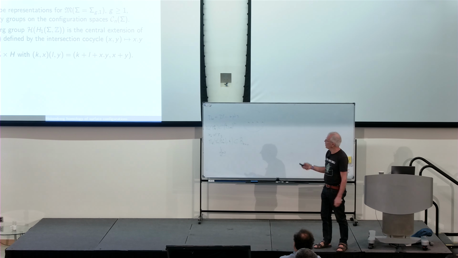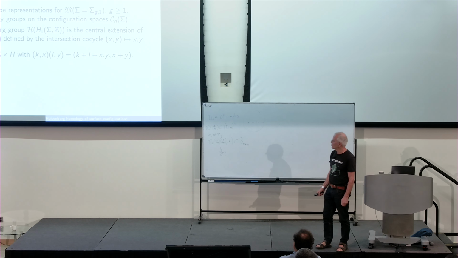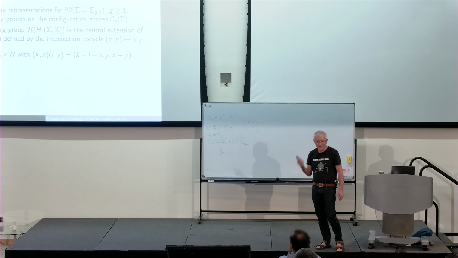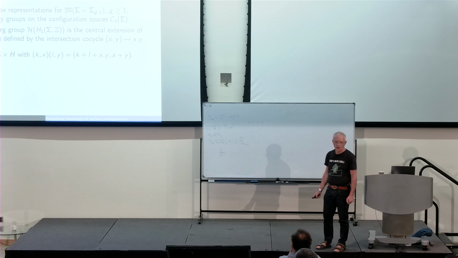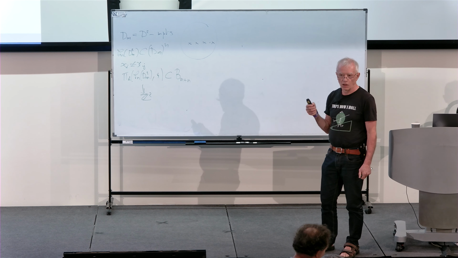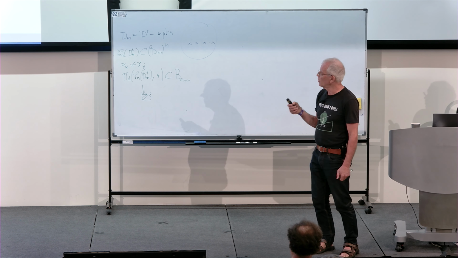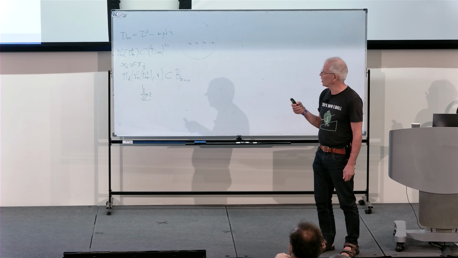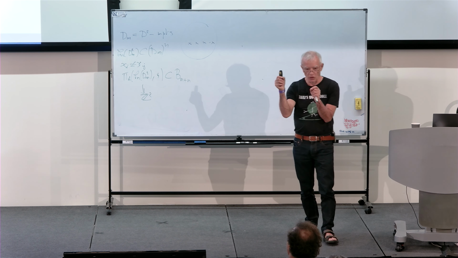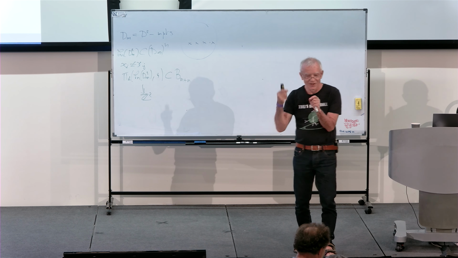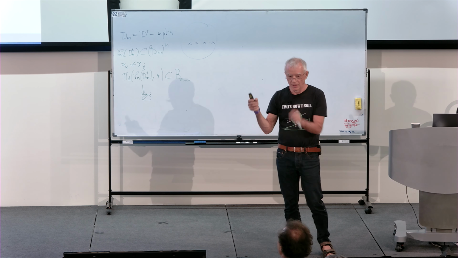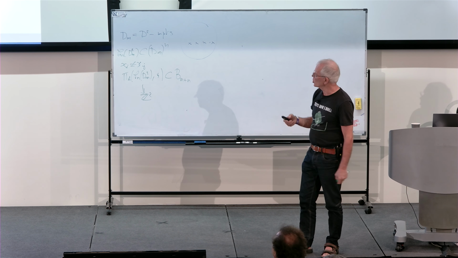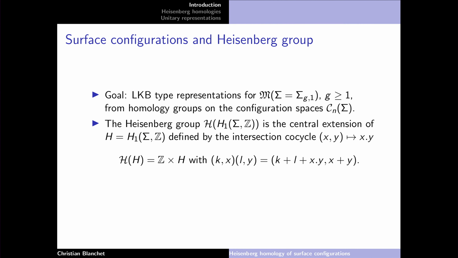Then the key idea here is to replace the homology of the surface by the Heisenberg group. In the Heisenberg group, you add a central parameter. For physicists, this is used as the central charge, I guess. The formal definition is to take a central extension of the H1 of the surface using the intersection cocycle.